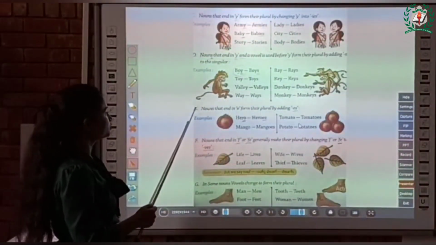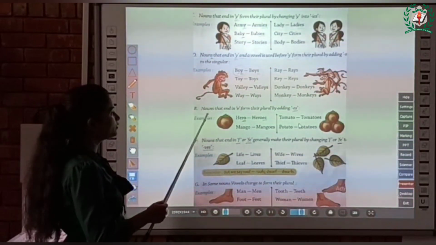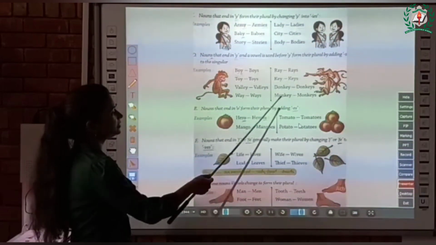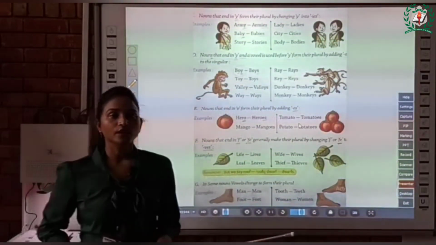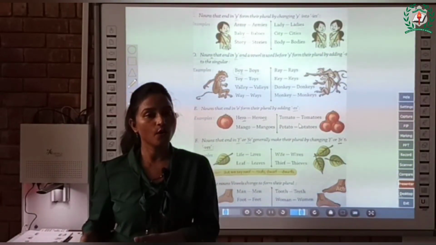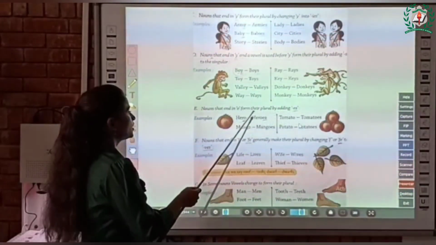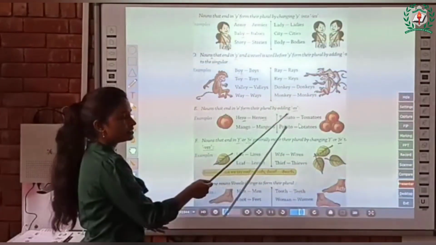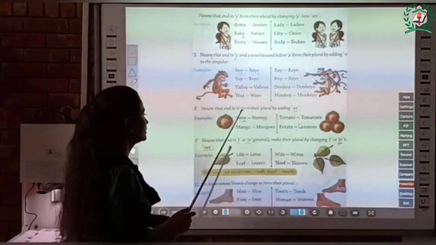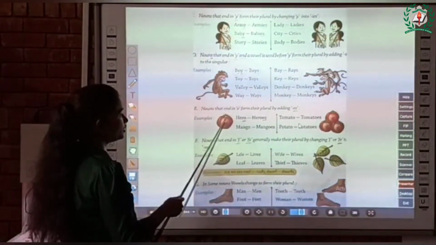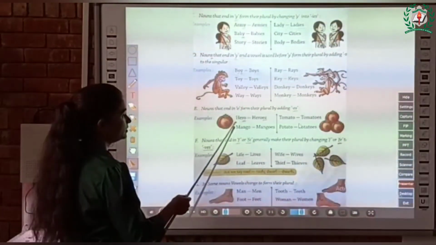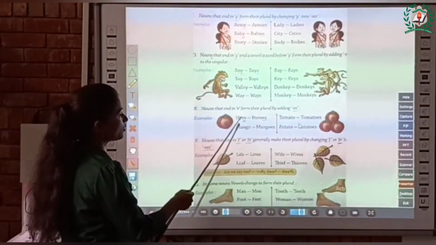Now children, come to rule number 5. Nouns that end in O form their plural by adding ES. So for nouns that end with the vowel O, we add ES to the end of the singular noun. For example, hero. In this singular naming word, can you find the vowel? Yes, O is a vowel.